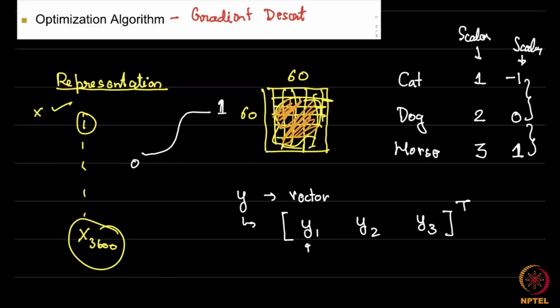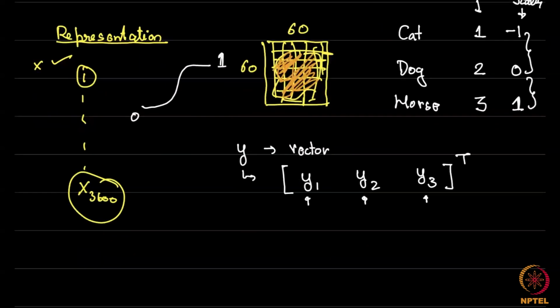Okay. So this is what it represents. This will say whether it's a cat or not. This will say whether it's a dog or not. And this will say whether it's a horse or not. Typically, for an actual image, if it is a cat, then y will look like 1, 0, 0.